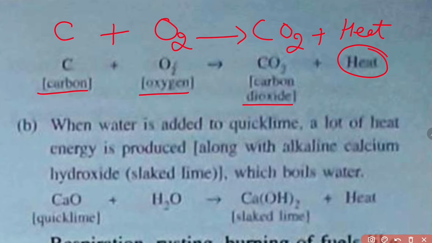When water is added to quicklime, this is the next example, number 2. When water is added to quicklime, a lot of heat energy is produced along with the alkaline calcium hydroxide or slaked lime, right, which boils water.